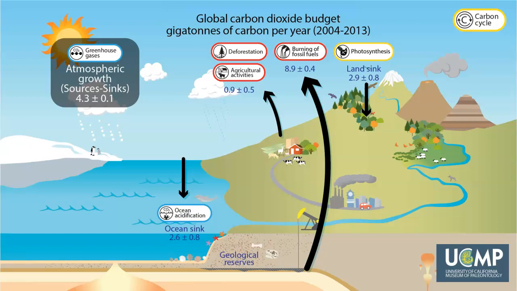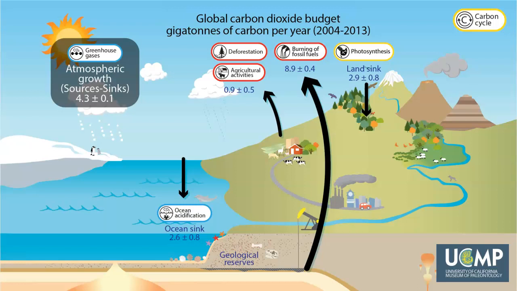However, these sinks, or reservoirs, do not remove all of the carbon dioxide released by human activities into the atmosphere. So we have an imbalance. We have these storage places for carbon, but we humans are removing carbon from those storage areas and putting it into the atmosphere. That's what's causing this global change.